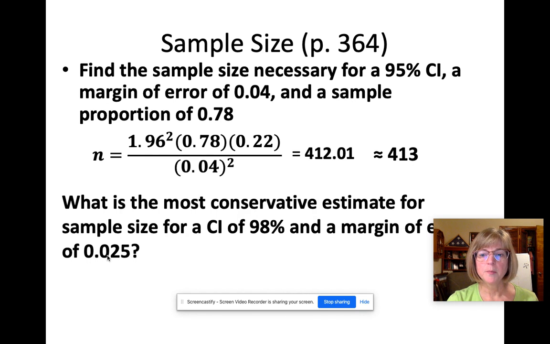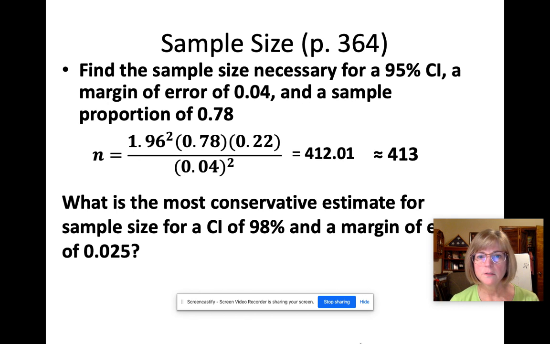Here's another example. And this example has some phrasing in it that you'll need to look on page 364 for. But most conservative estimate, we want the most conservative sample size, the smallest sample size, for a confidence interval of 98% and a margin of error of 0.025.